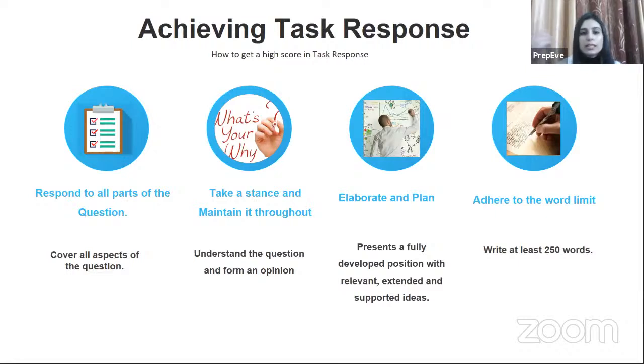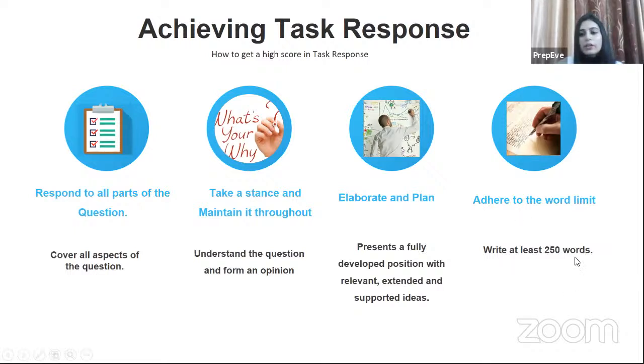Don't leave it on their assumptions that they will understand whatever you're saying on their own. Until and unless you put it on the sheet of paper, they will not be able to understand what you're trying to say. So don't write half sentences. Don't think that they'll understand it. Write everything in detail, and elaborate it with relevant and extended supporting ideas.